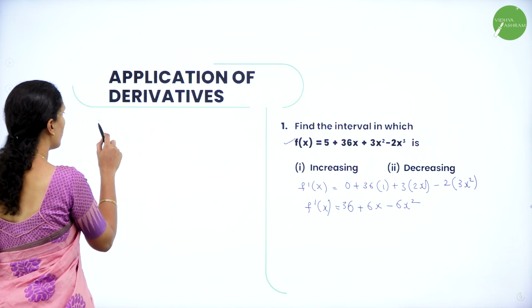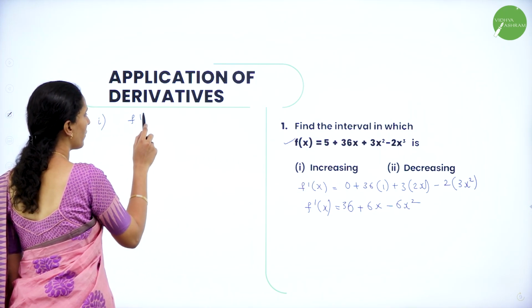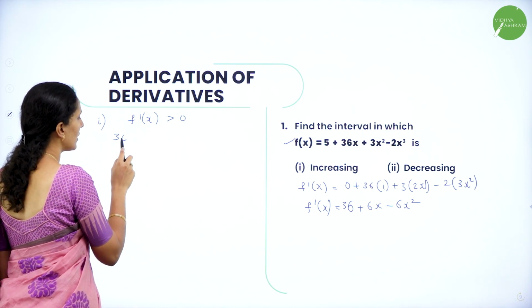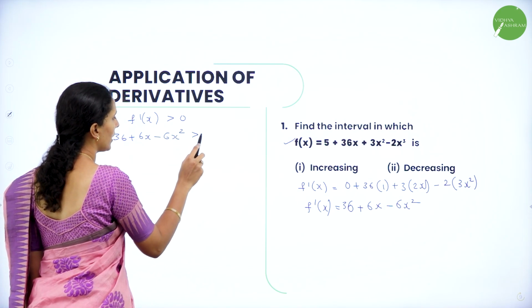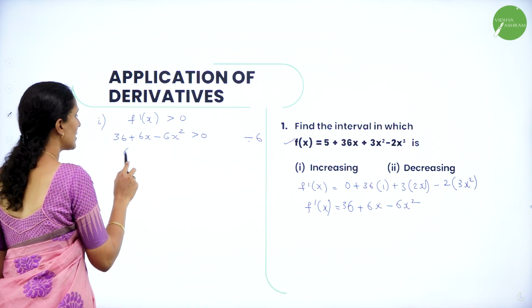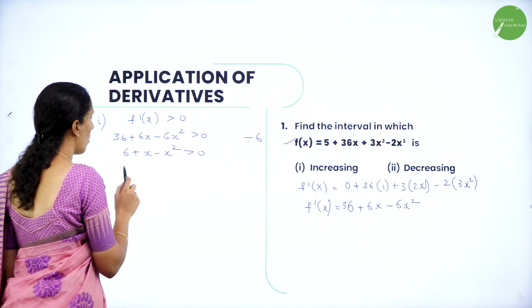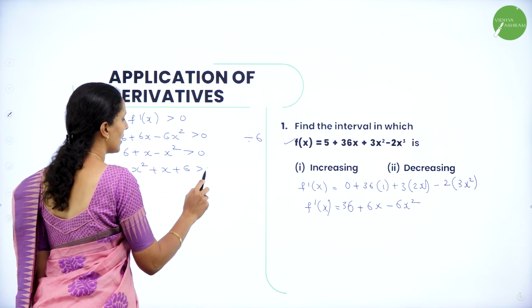So, let's find out increasing. For a function to be increasing, f dash of x must be greater than 0. So, therefore, here 36 plus 6x minus 6x square must be greater than 0. Divide the equation by 6. You will get 6 plus x minus x square greater than 0, or minus x square plus x plus 6 greater than 0.